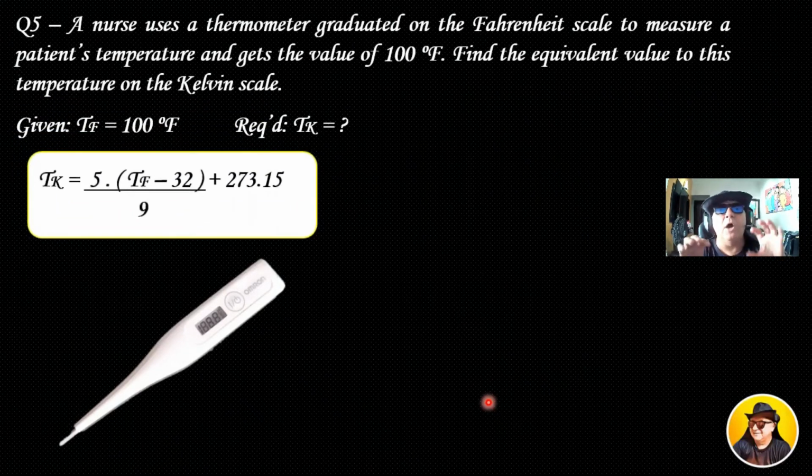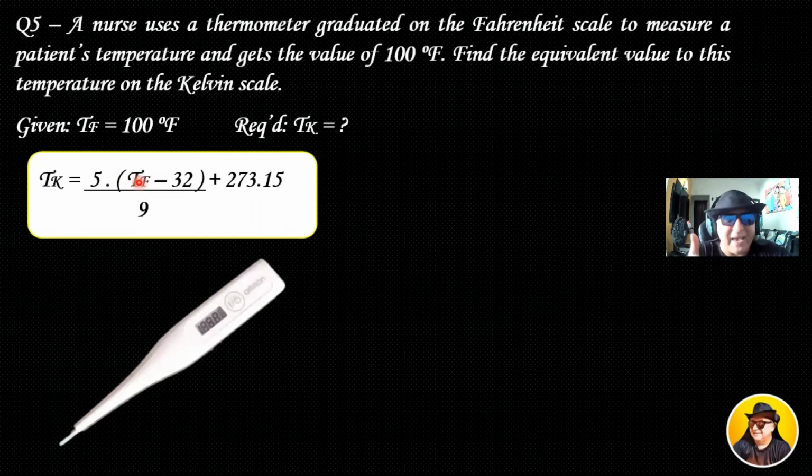Well, this is the largest part of our formula, to change from Fahrenheit to Kelvin temperatures. Okay, so TK is 5 times TF minus 32, over 9, plus 273.15. Okay, so TF, we know it is 100.